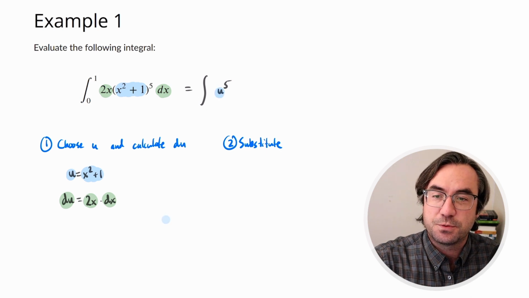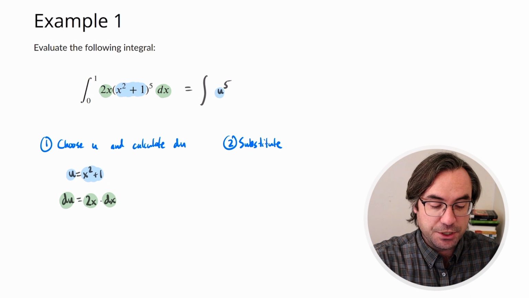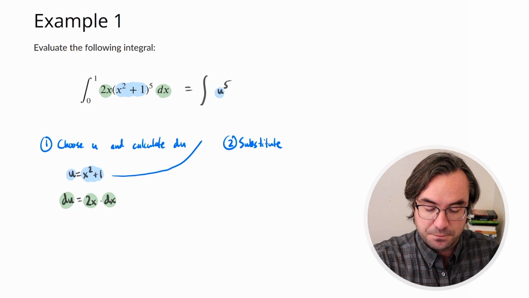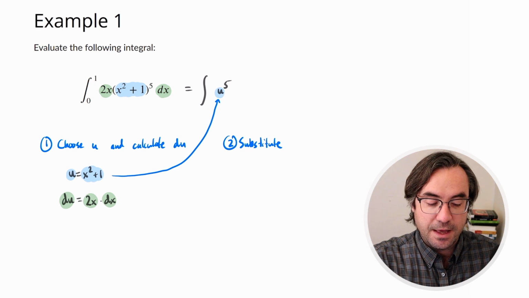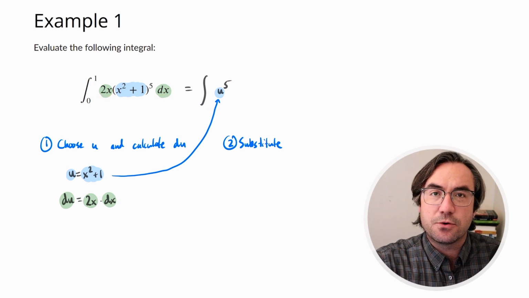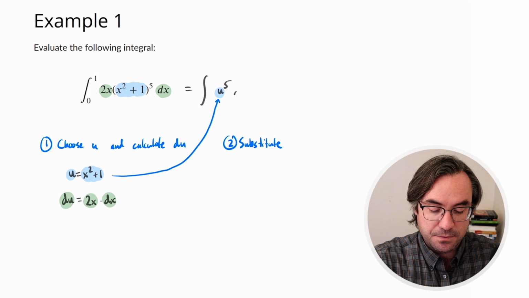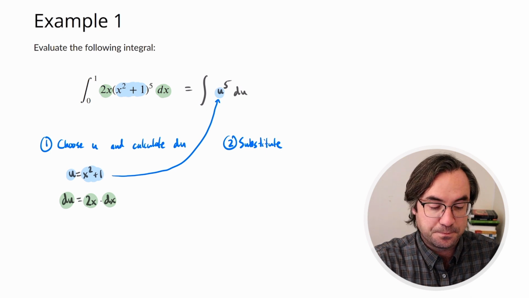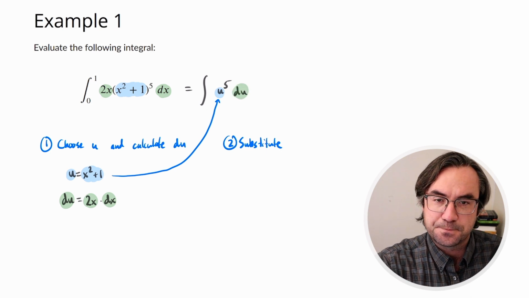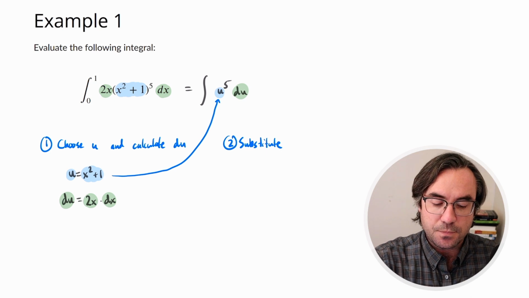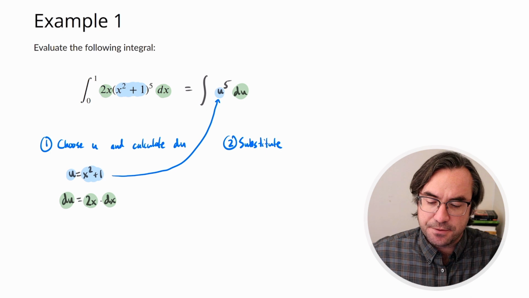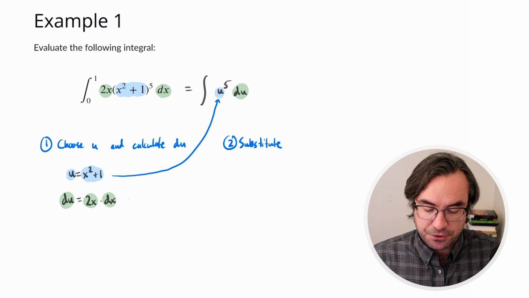So we're just switching that over with our substitution here. And then the 2x and the dx get swallowed up, and they become part of our new differential du. Okay. So this is kind of standard u substitution so far.